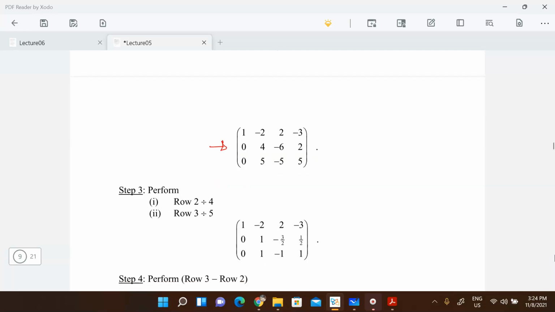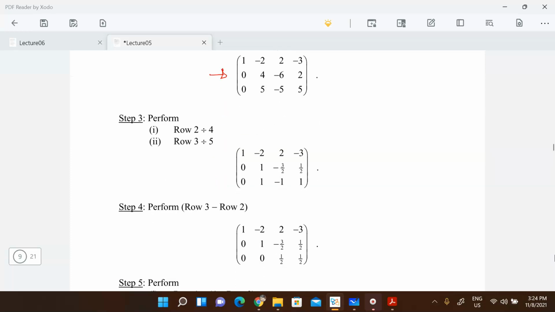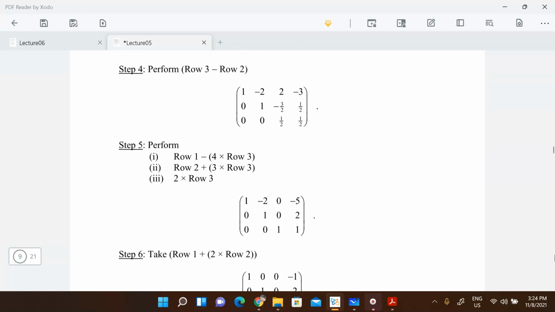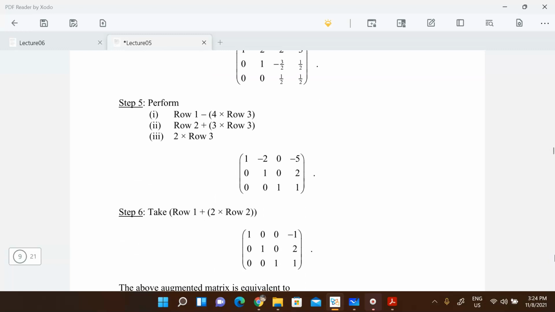So you continue to do all this row reduction until you get to the point of reducing everything. Here it is almost done because I have zeros over here and 1 along the diagonal, but I still have some non-zero entries here, so I'll reduce that, okay, and finally we get the answer over here.